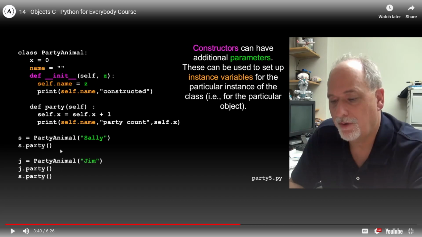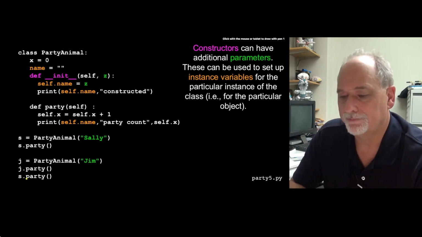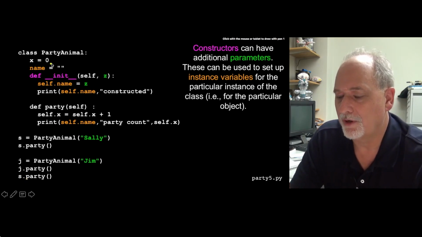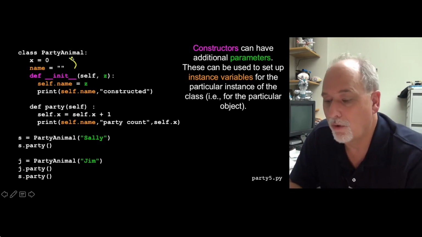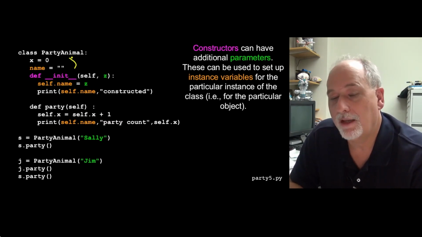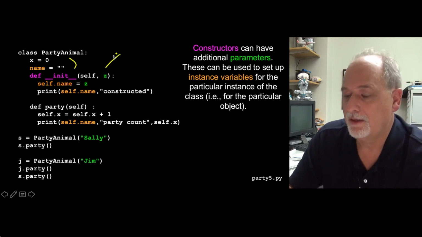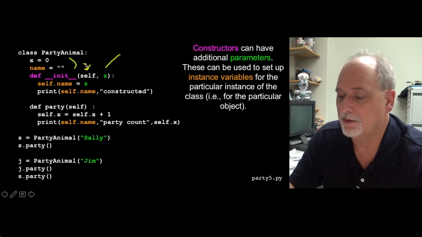All right, so let's go through this. Here, I've taken out the destructor, and it shows a little bit more information. So now we're going to put two variables in here. We're going to have a current score and a name, and we're going to start it out as blank. And this time we're going to add a parameter onto the constructor. The self comes in automatically as the object is being constructed.